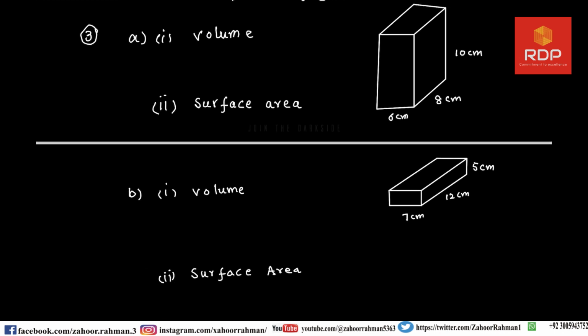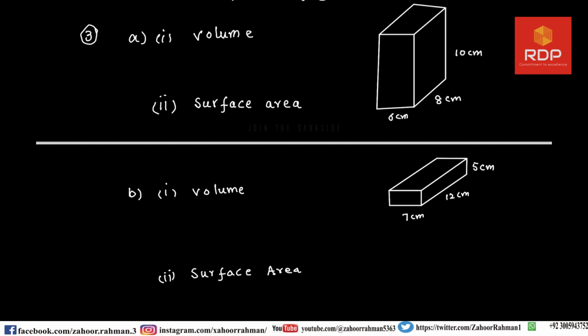Next question number 3 is saying they have given us different figures and saying for each of the following cuboids find its volume, and in the second part its total surface area. So remember that the volume of the cuboid is given by length multiplied by breadth multiplied by height.